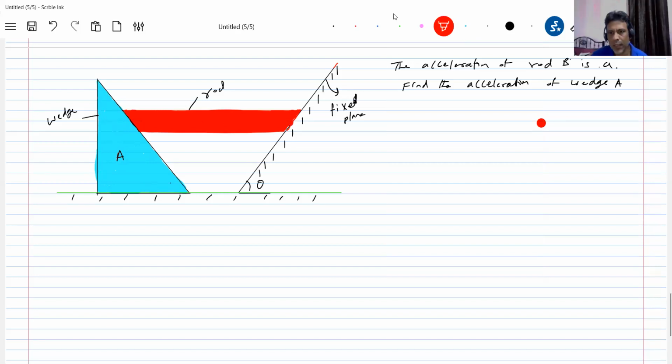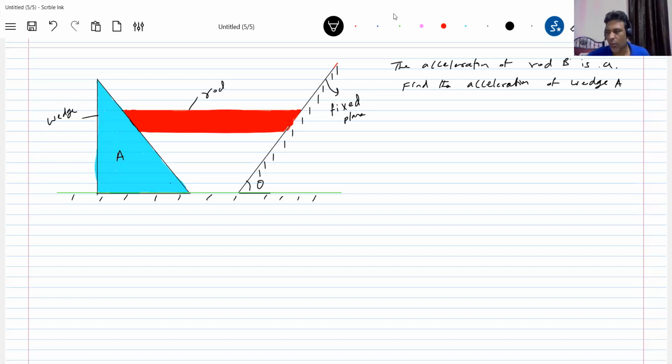Okay, this is the diagram. You have to fight with the diagram.